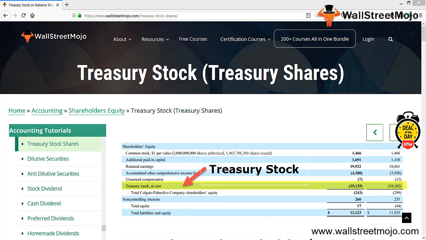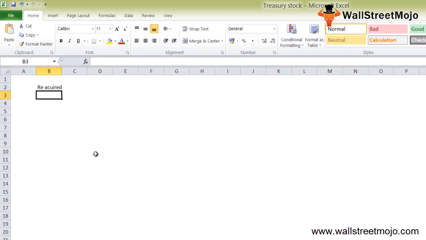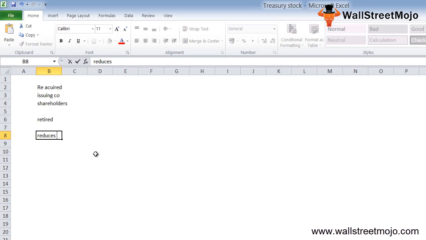Let's understand this. Treasury stock is basically stock that has been reacquired by the issuing company from the shareholders, but not yet retired by the company. So treasury stock reduces the shareholders' equity.